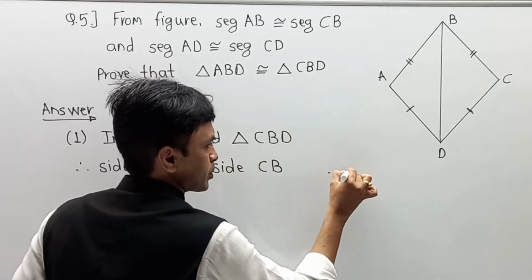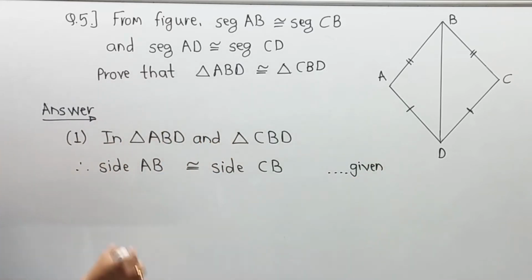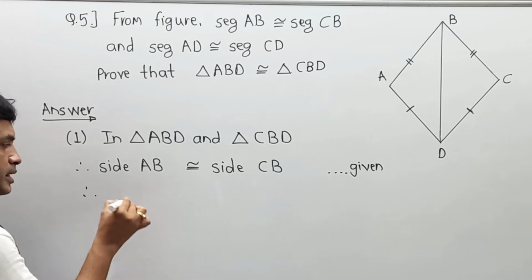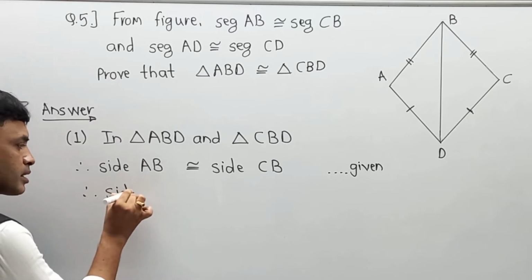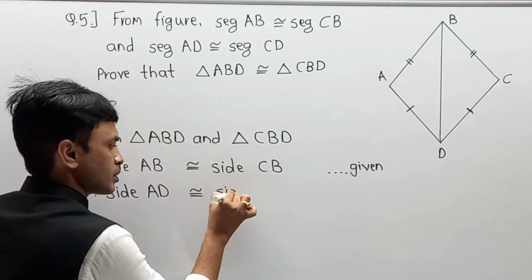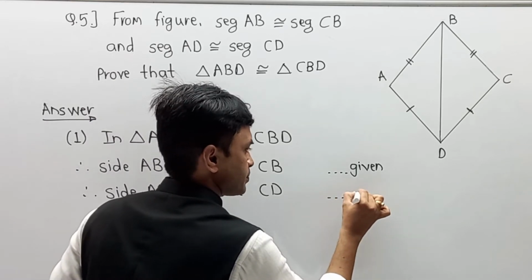They have given us, so I am going to write reason as given. Next, side AD congruent to side CD, reason given.